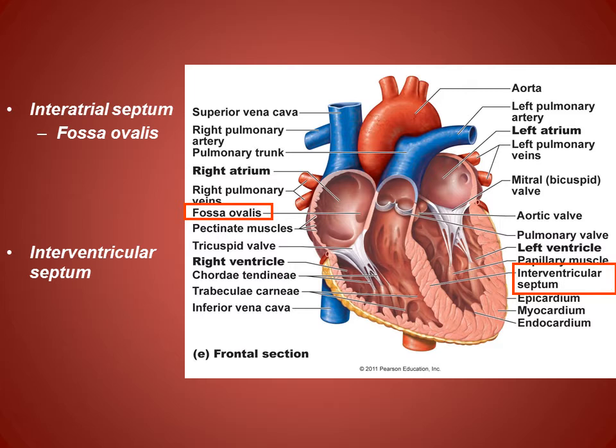It's another shunt that is seen in the fetal heart that allows for bypassing, once again, of blood, which could flow from the right atrium to the left atrium, bypassing the lungs. But this is closed under normal conditions. This becomes closed at birth. The interventricular septum is the division between the right and left ventricles, and it is a thick muscular wall.